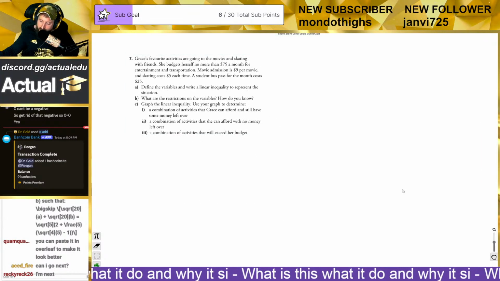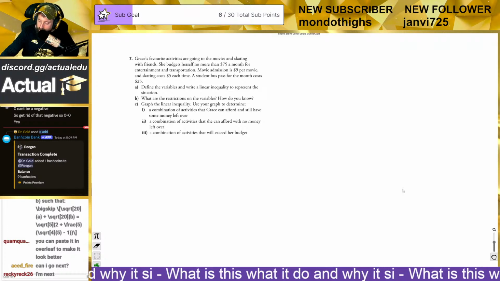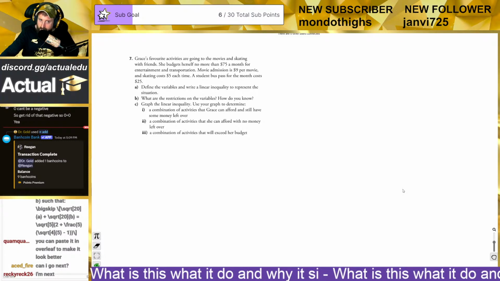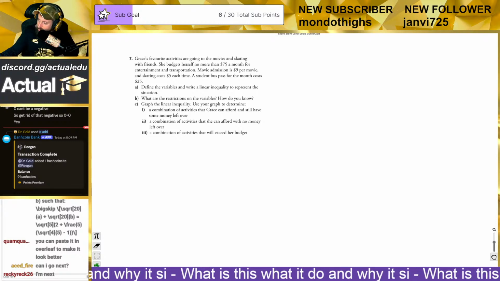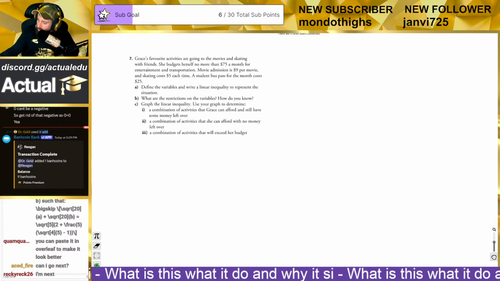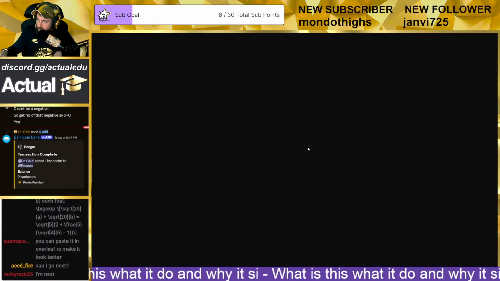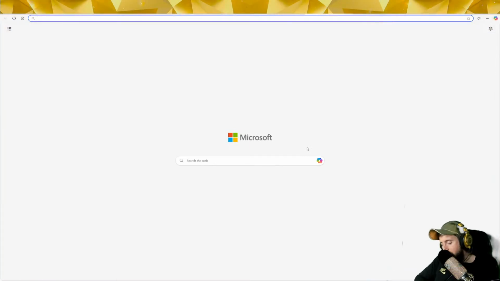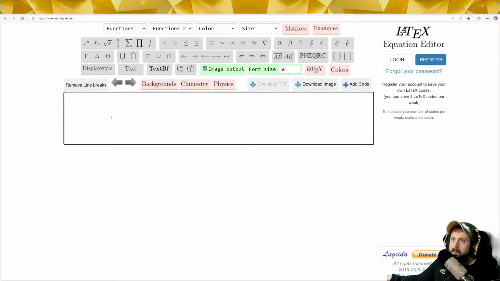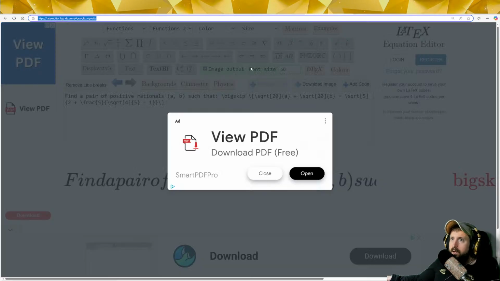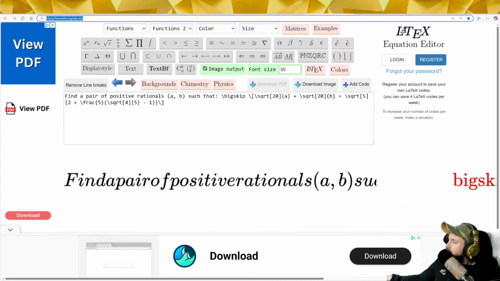Okay, let me post that. Let me get it real quick. In Overleaf, I could put this in here. If anybody wants to know how to quickly do LaTeX online, I love this website. It's called LaTeX Text Editor. Jesus, what are these ads?